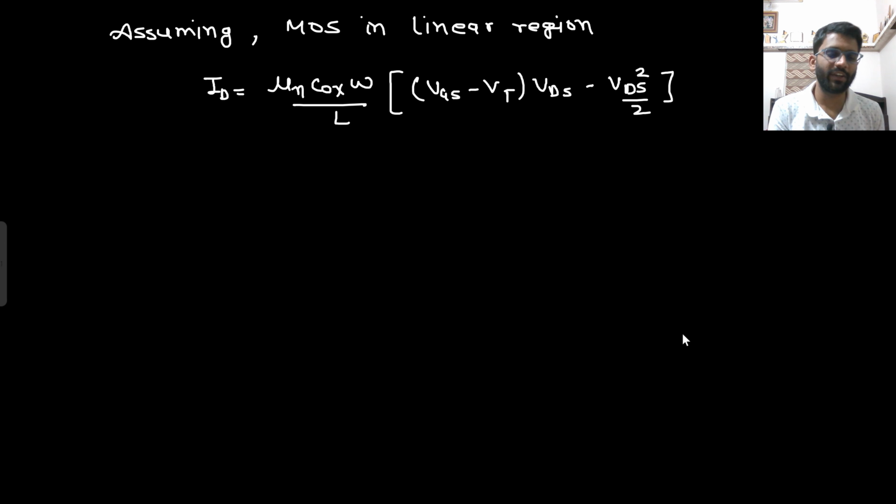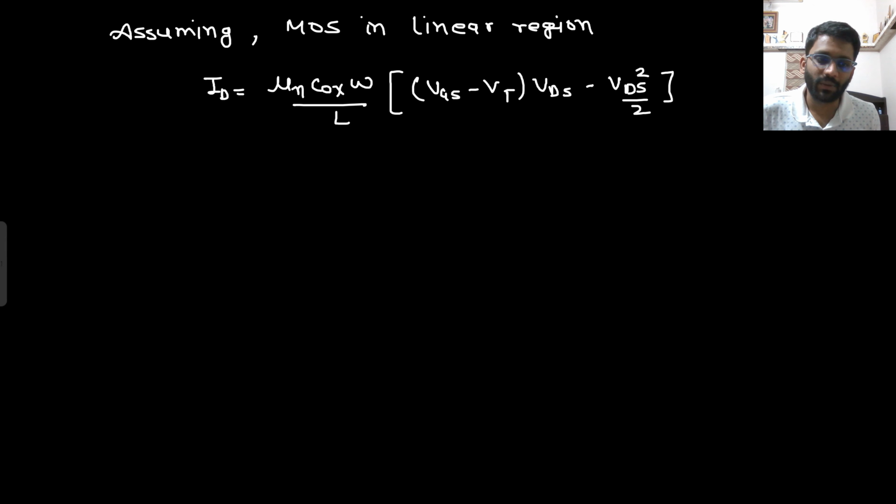So for those who are solving it for the first time, it might seem a bit hectic, like so much calculation is there, how do we remember all these things? But once you practice enough questions, you will be habitual. The only thing you need to do, first you need to consider, then you need to find the parameters. Not satisfied? Satisfied? Good enough? Not satisfied? Assume the other region. That's it. In the second one, it will be satisfied, that's for sure. Right?